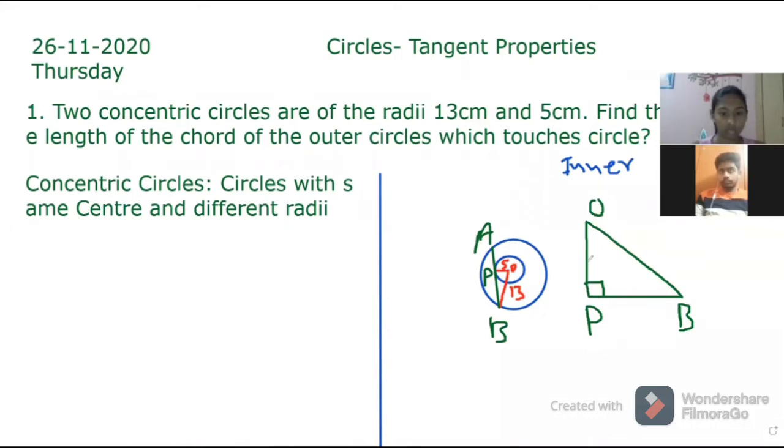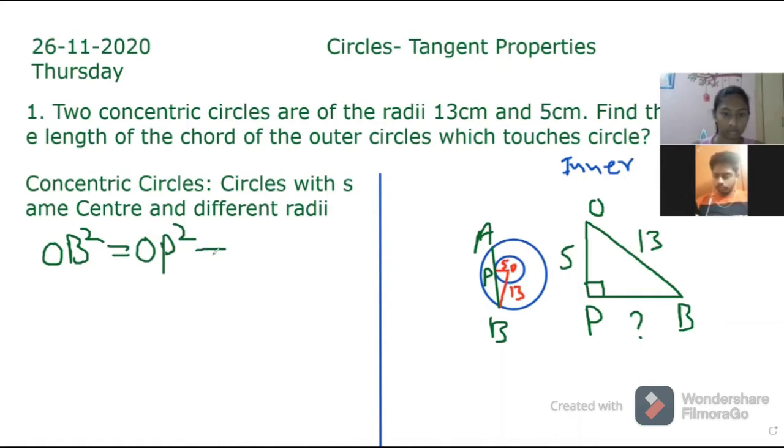Hence, now what we got? OP measurement is given as 5, and OB measurement is 13. Now we have to find the PB measurement by using Pythagoras theorem. The hypotenuse square OB square equals OP square plus PB square.